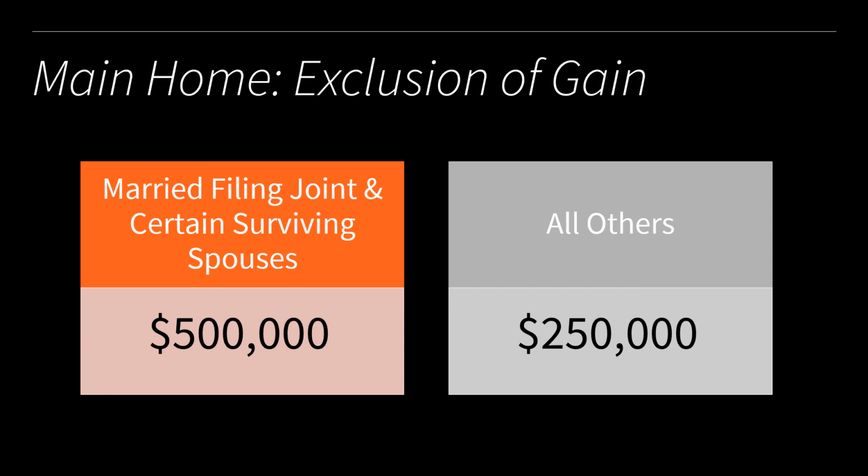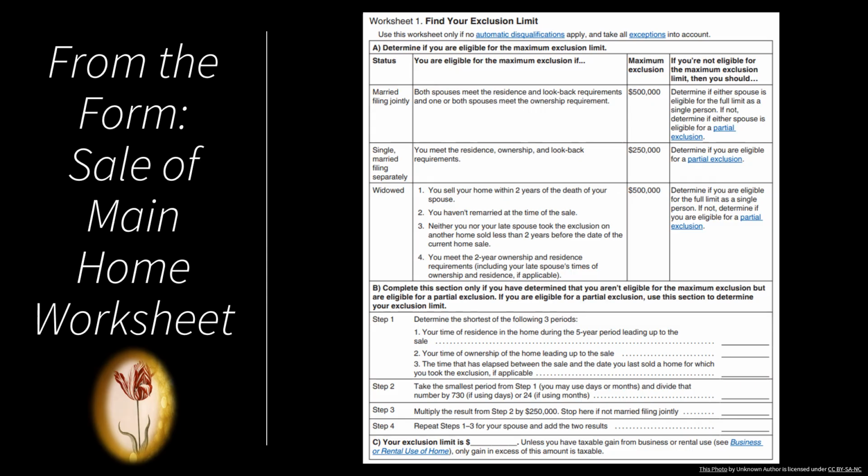And for all others, the exclusion amount is half of that at $250,000. And there is a worksheet that is available to help determine whether taxpayers can take the full exclusion amount or whether they can only take part of it. It's important to note that if they're only able to take part of that, we will be sending them to a paid preparer.